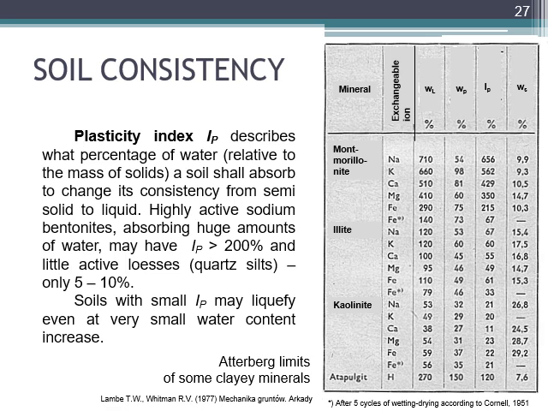In the table on the right, you can see the typical values of the liquid limit, plastic limit, the plasticity index, and the shrinkage limit of soils built of various clayey minerals.